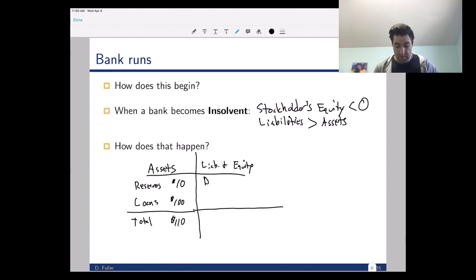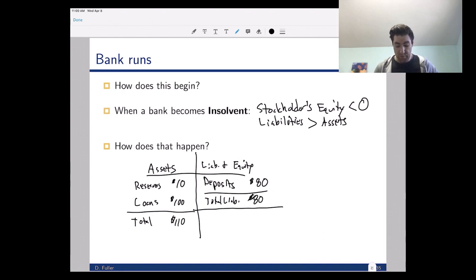Liabilities, it's got its deposits. And we'll say that they have $80 million worth of deposits. That's their total liabilities, the 80 million.